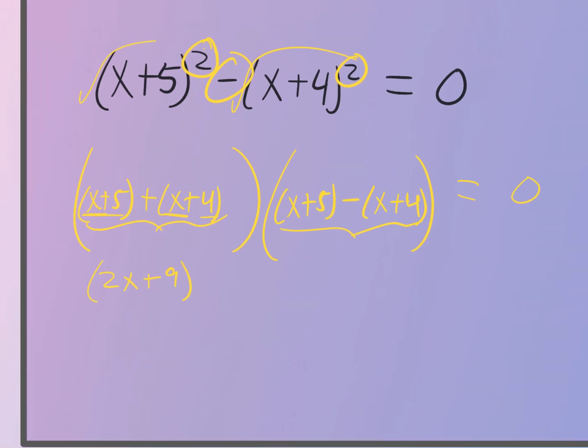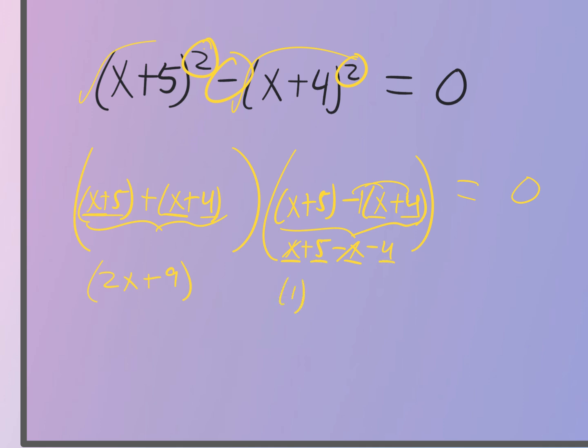And then on this side, this minus is going to distribute to each term, so we get x plus 5 minus x minus 4. Remember, the minus between them, you can treat it like a -1, and then change the sign of everything on the inside. Then x minus x goes away, that just becomes 0. And then 5 minus 4 is 1.